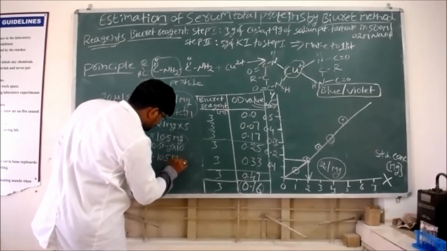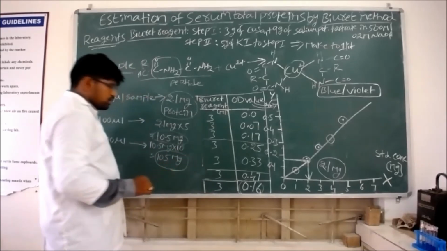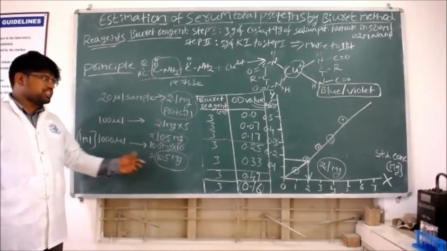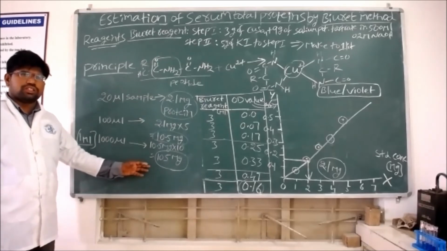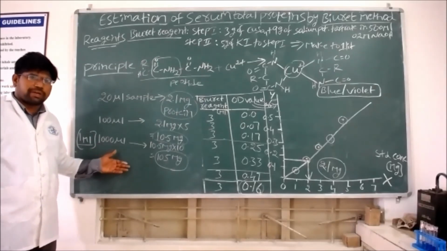So we will get 105 mg. The concentration of the test sample is 105 mg per ml. So 1 ml solution contains 105 mg. Generally we have to report in mg per dl.